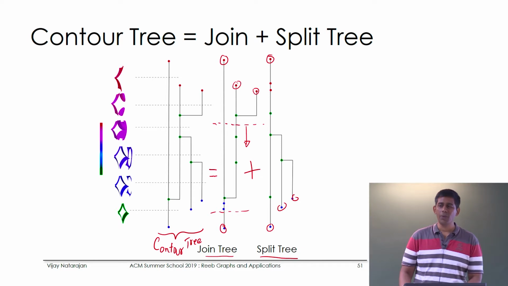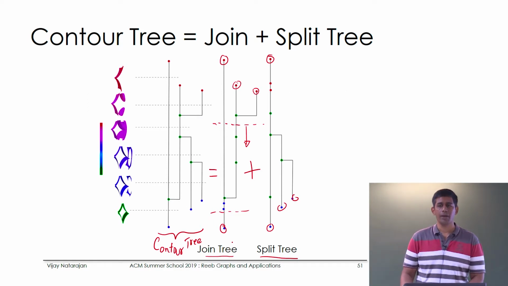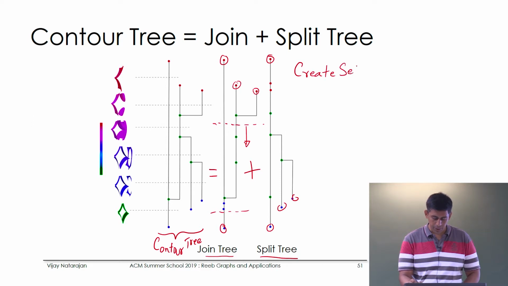Now, why do I care about the join tree and the split tree? Because I am doing the sweep anyway. The reason is that maintaining connected components is actually easy if the only operations that you are allowed are create set and union.